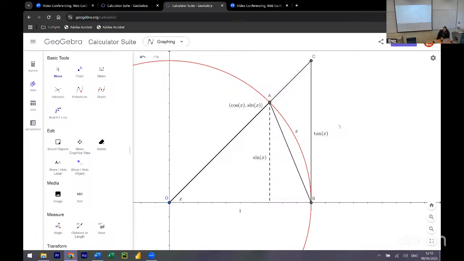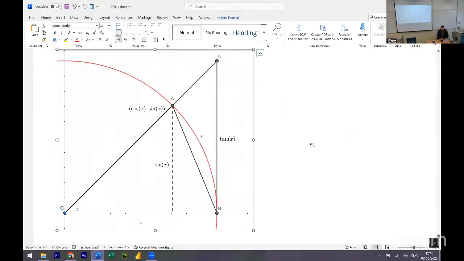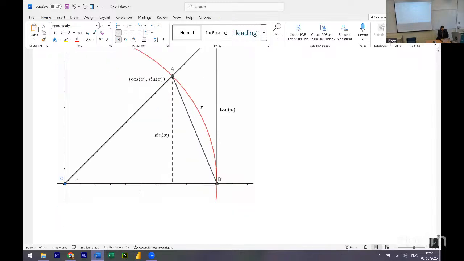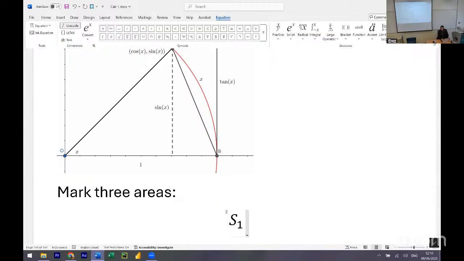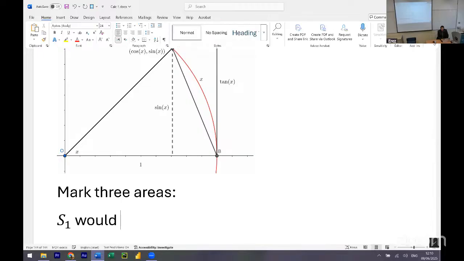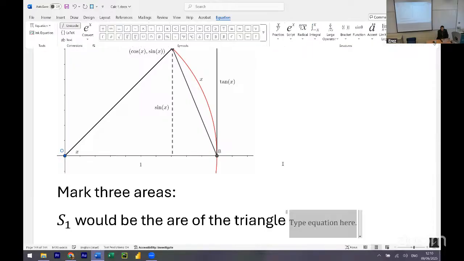So the 3 areas that we care about here are: S1 would be the area of the triangle OAB.